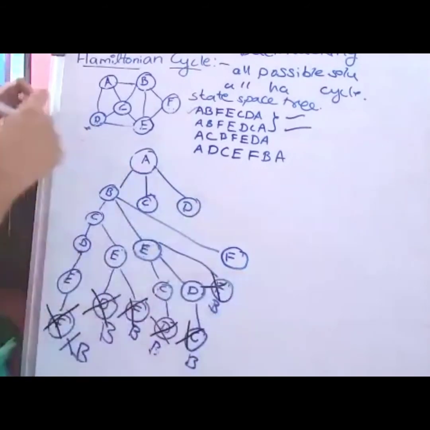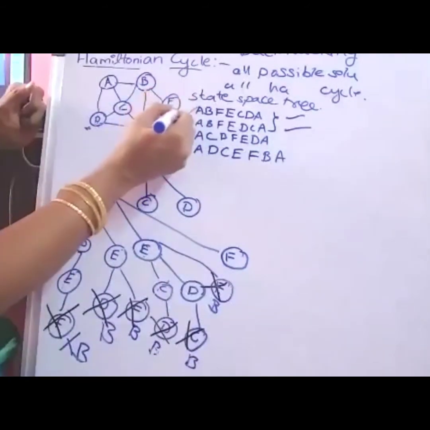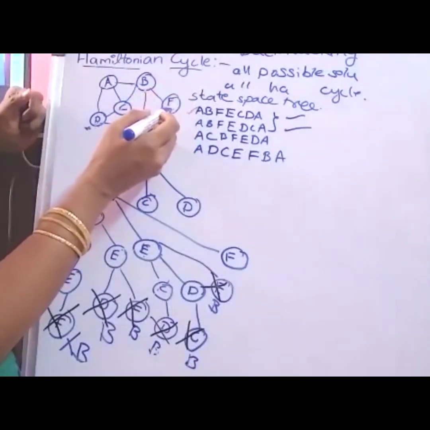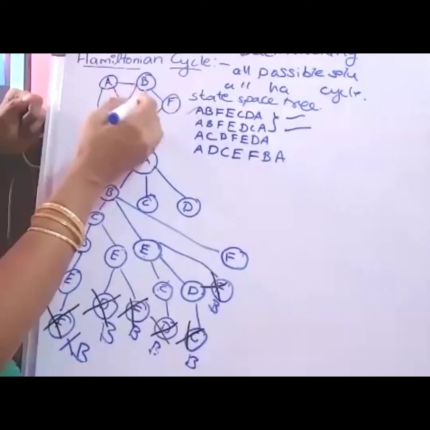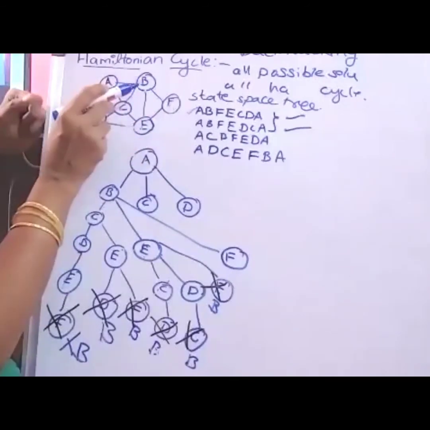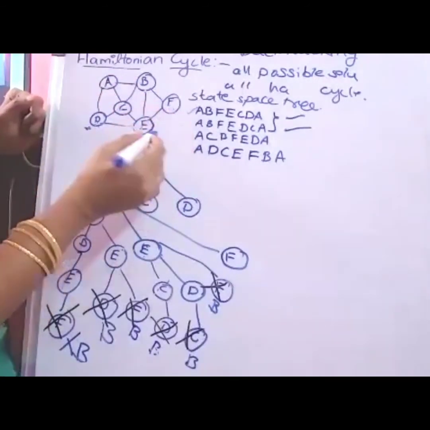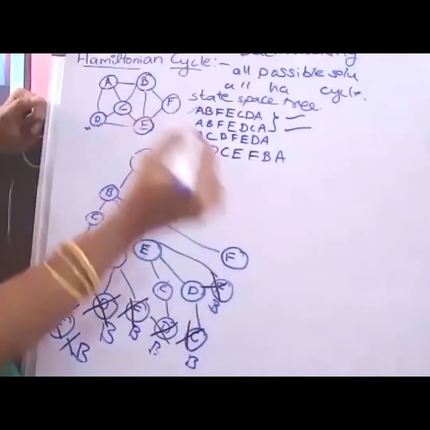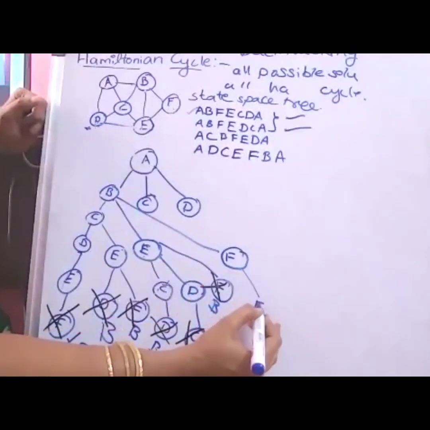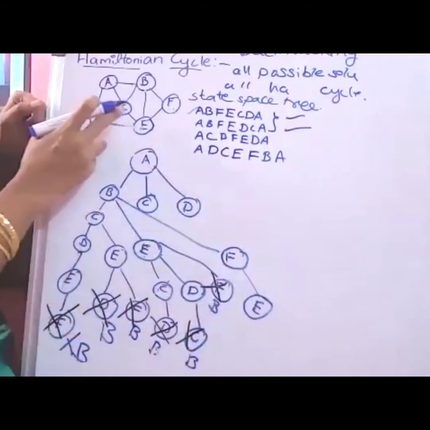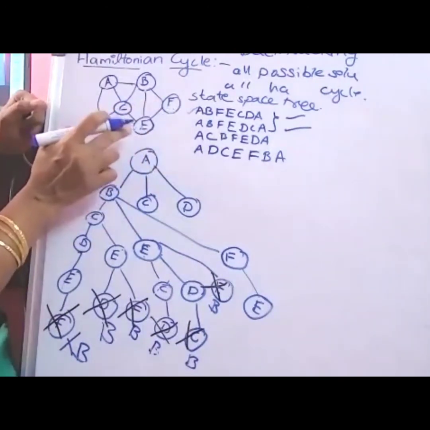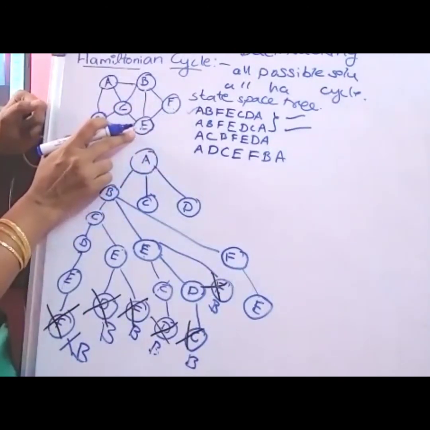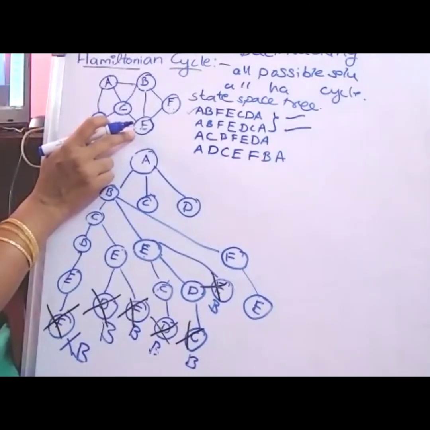Now we are at F. From F, the adjacent vertices are B and E only. B we already visited. The only unvisited vertex from F is E. So I am trying to visit it here, from F to E. Again, from E, is there any possible way to find unvisited vertices?